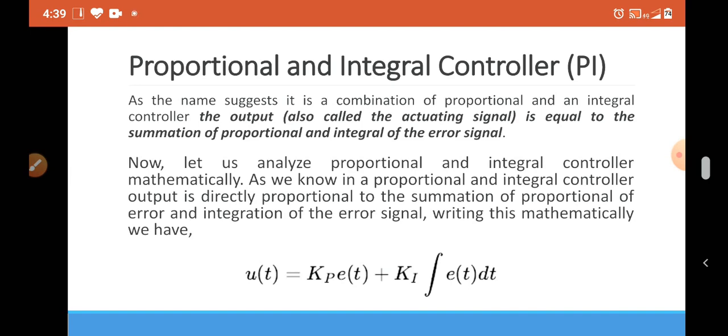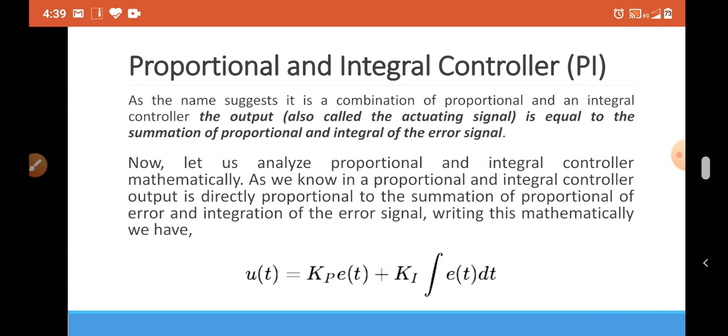It is given as u of t equals kp into e of t, where e of t is nothing but your error signal, u of t is the output, and kp is your proportionality constant, plus ki integral of e of t dt, where ki is nothing but your integral proportionality constant.